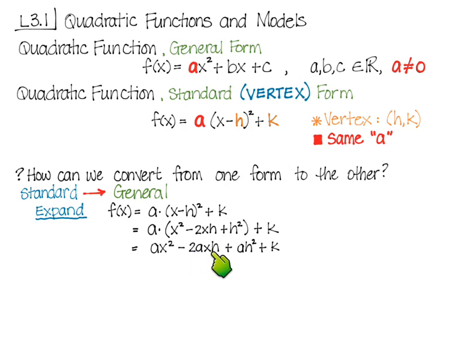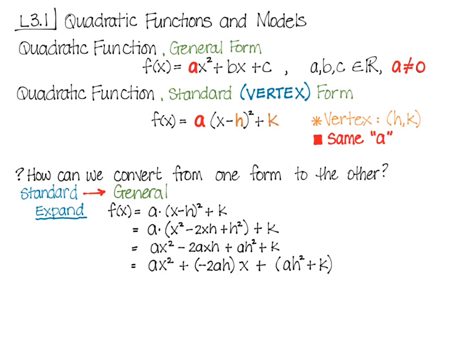We have this other term here that has an x in it. And then these two terms don't have any variables, and the letters a, h, and k all represent numbers. So this is going to be one single number once I know what a, h, and k are. They're not variables.